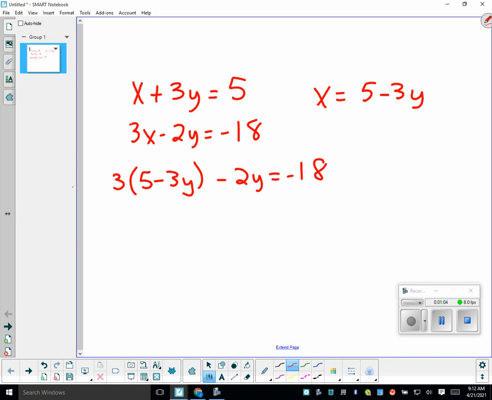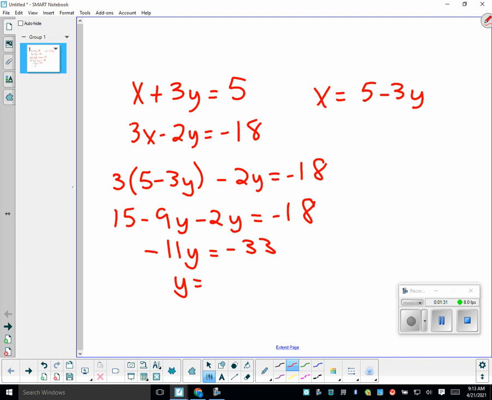Get rid of parentheses. 15 minus 9y minus 2y equals negative 18. Negative 11y equals negative 33. Are y'all with me? Yeah. And what is y? 3.